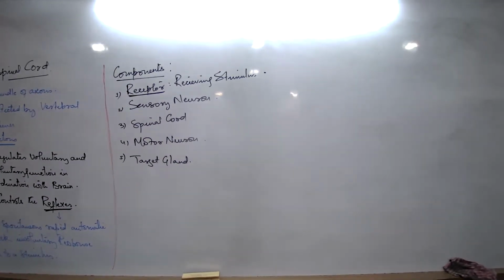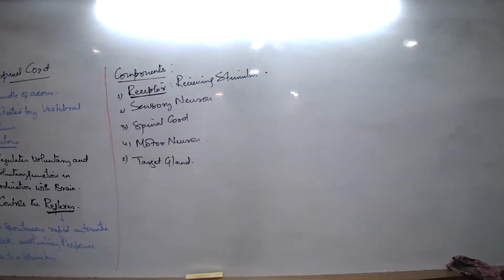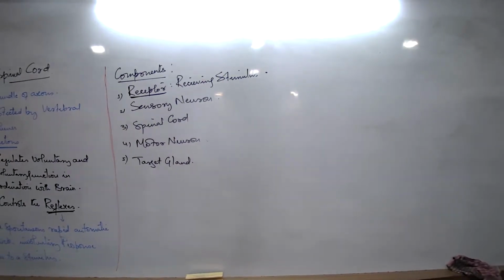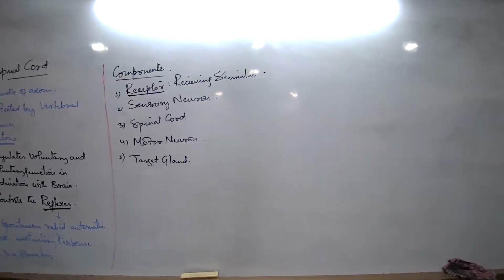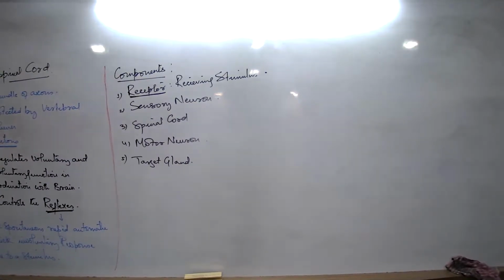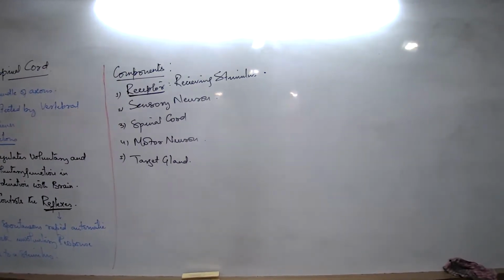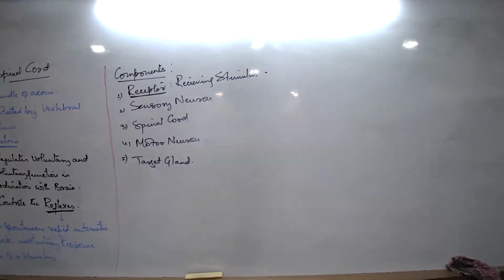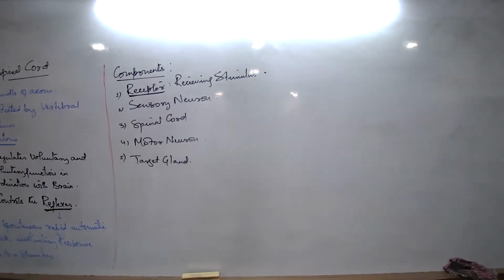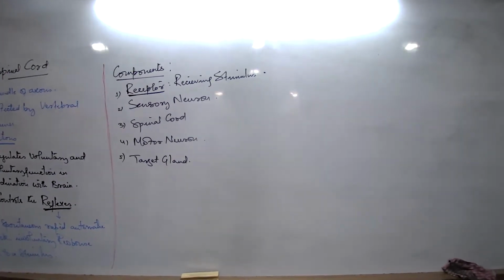The neuron which moves from the receptor towards the spinal cord. That particular neuron is known as the sensory neuron. So what is the function that you should write? Carries information from the receptor towards the spinal cord or towards the central nervous system.